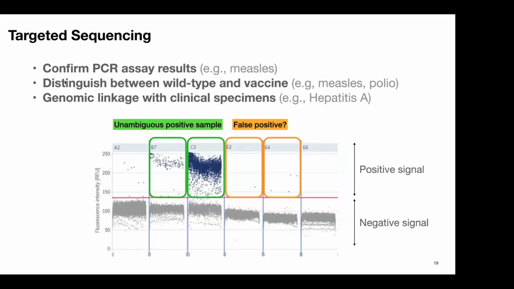So sequencing is the only way to be able to say for sure that what you have is actually a vaccine and not the wild type version of polio, which is obviously not the same response for the local public health department. And the wastewater can also help linking the wastewater and the clinical specimen.